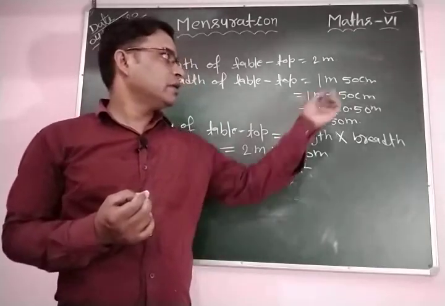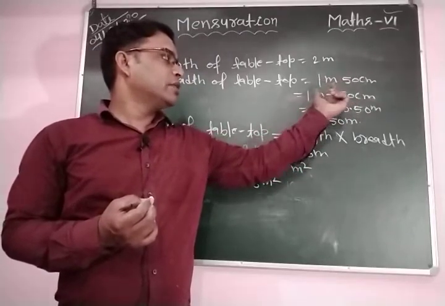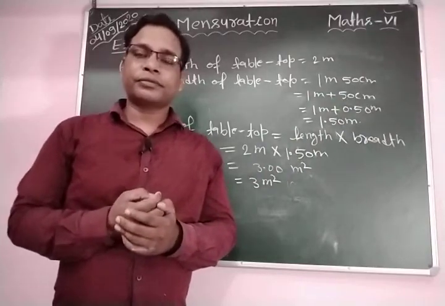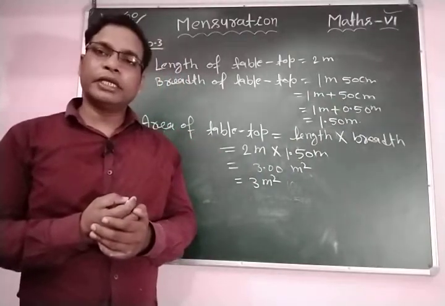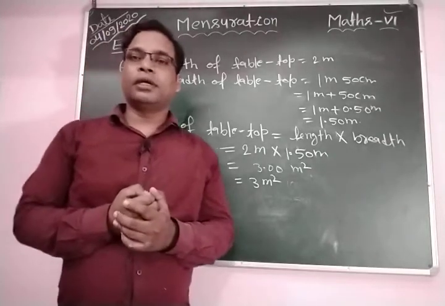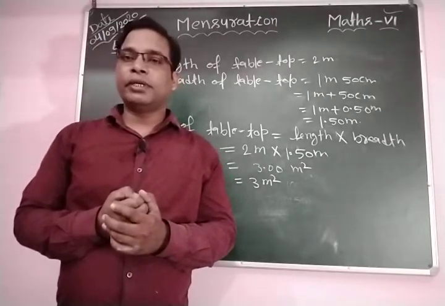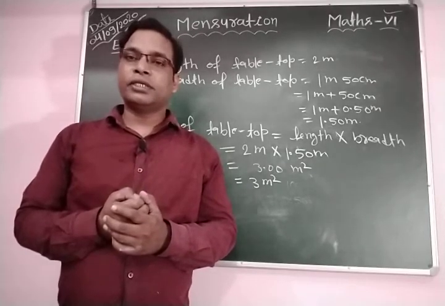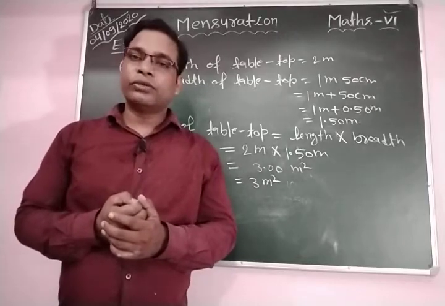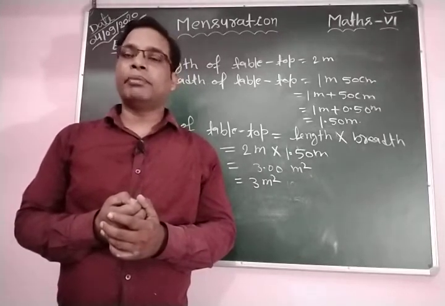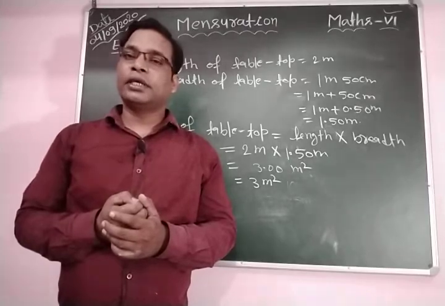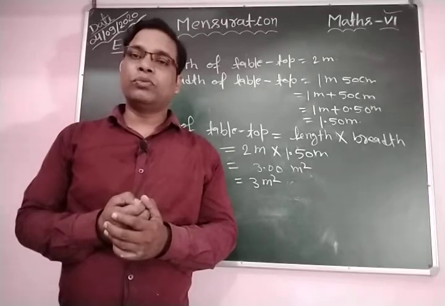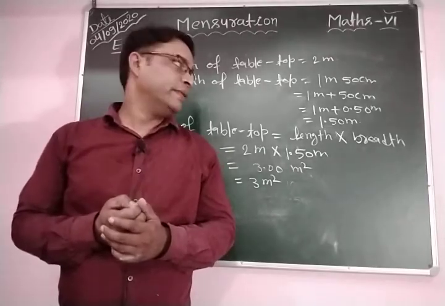So first you convert 1 meter 50 centimeters, which is 1 meter plus 50 centimeters, into meters. We have 1 meter equal to 100 centimeters, or 1 centimeter equal to 1 upon 100 meters, so 50 centimeter is equal to 50 upon 100 meters, which is 0.50 meter.